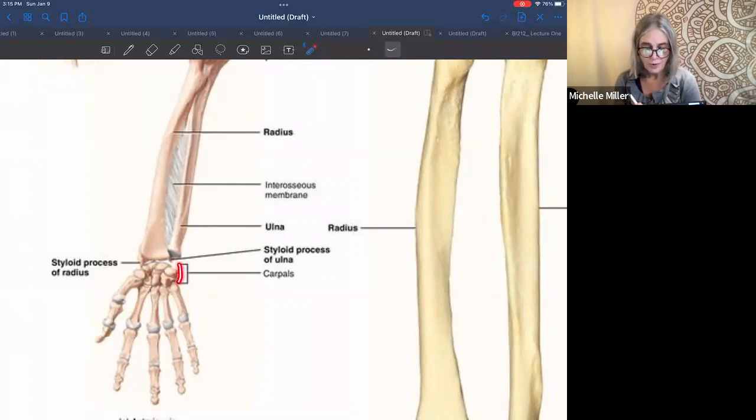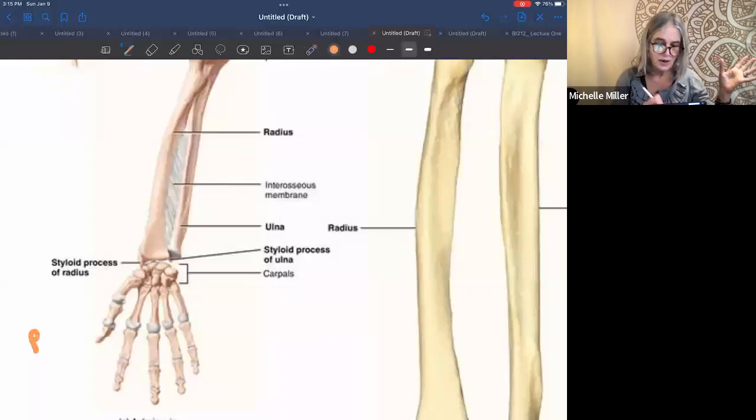Then we have the carpal bones. These are the metacarpals. And then we have the phalanges here. The thumb only has 2 phalanges in it, and it is called the pollex. So the thumb has a special name, which is the pollex.